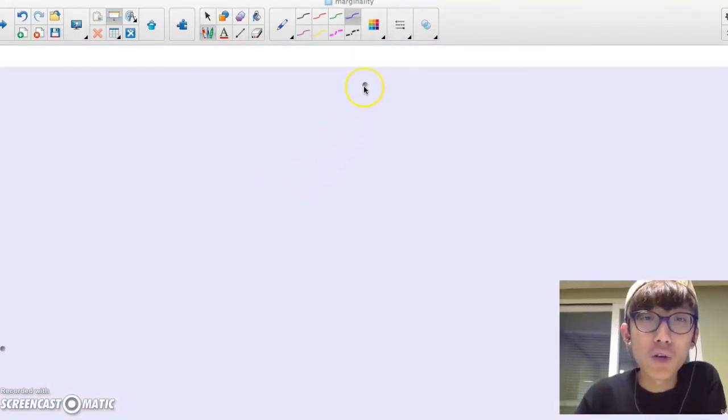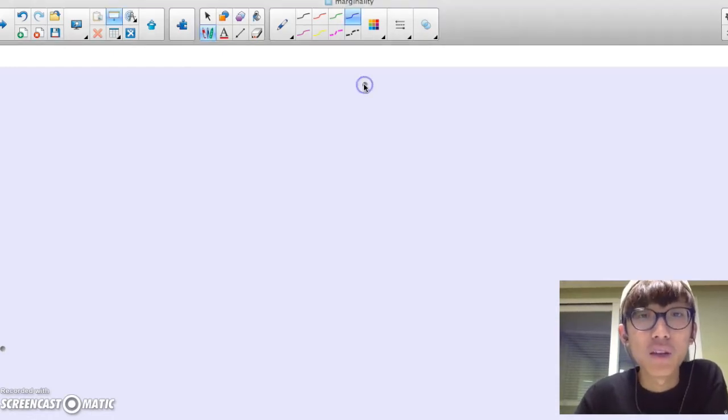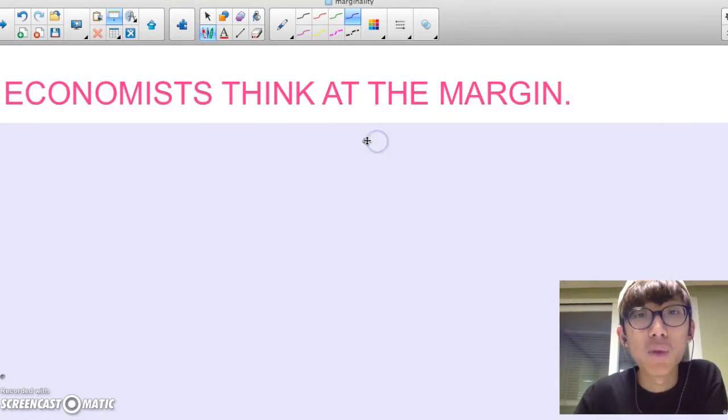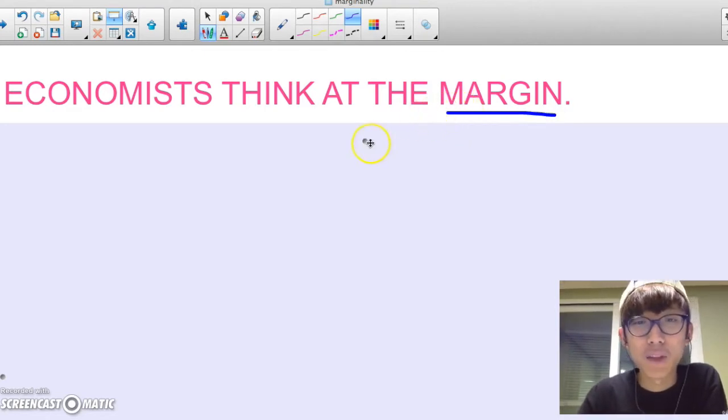So now that we know the basics of revenue and cost, we'll go into the hard part and the focus point of this chapter, which is the concept of marginality. Our econ textbook states that economists think at the margin, and margin, as you guys know, means at the edge, at the border. What does this mean?